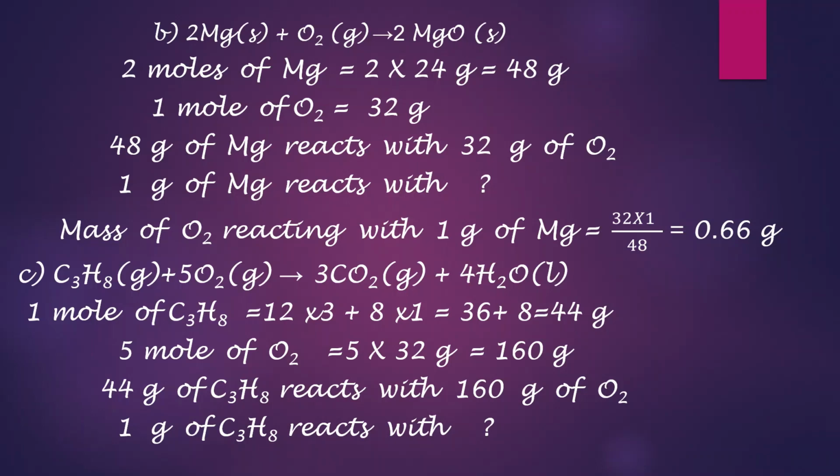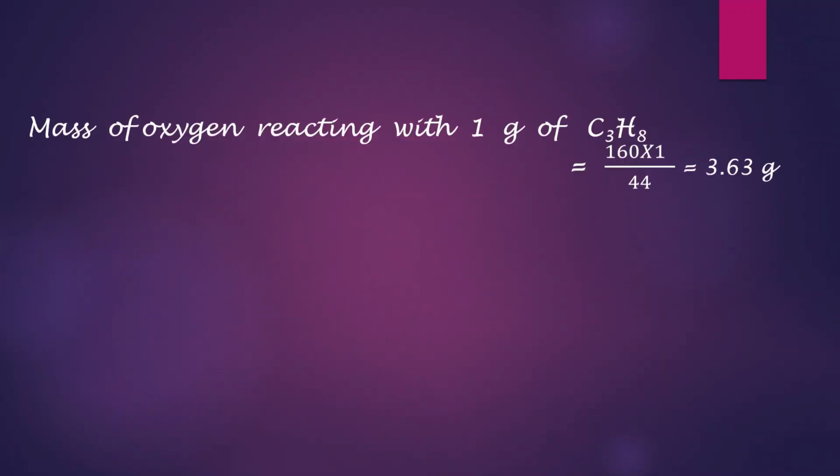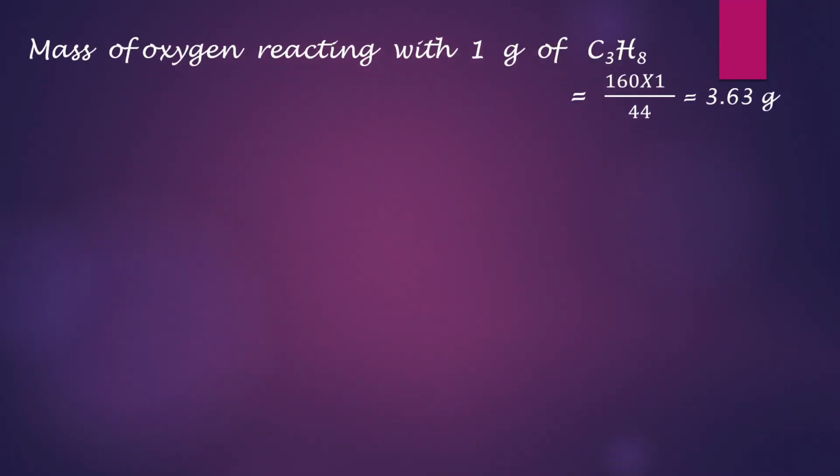Therefore, 1 gram of C3H8 reacts with how much? So the mass of oxygen reacting with 1 gram of C3H8 is equal to 160 into 1 divided by 44, that is equal to 3.63 gram.